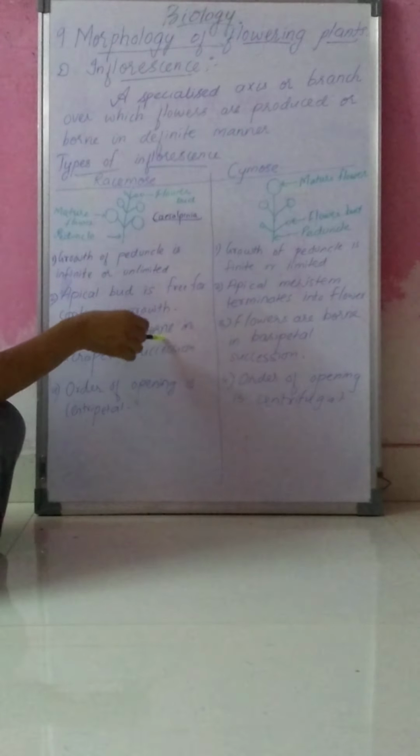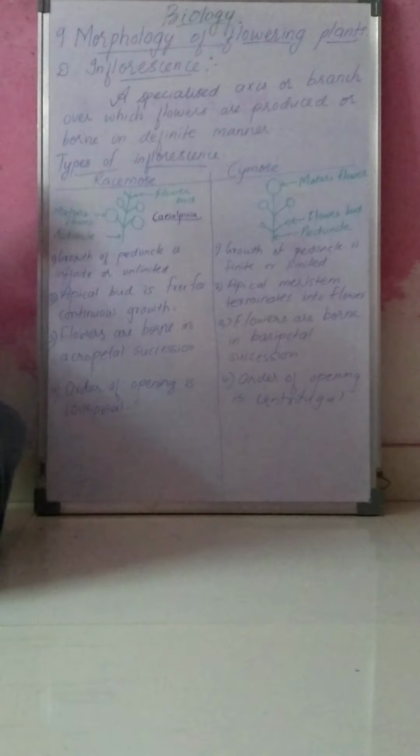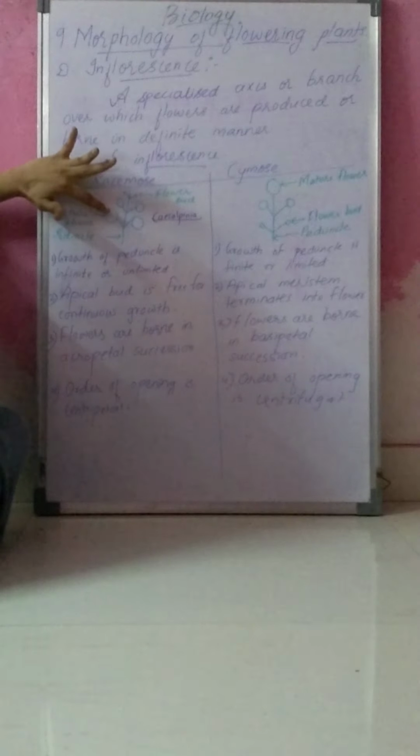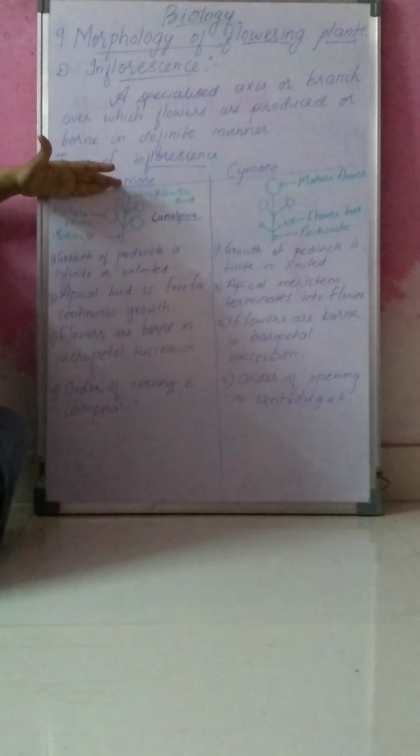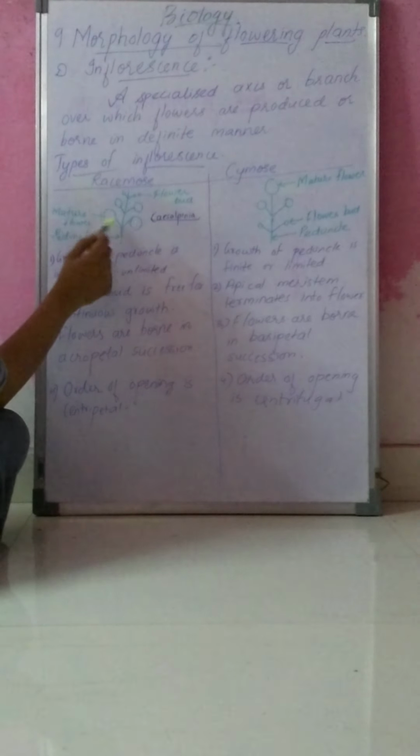Then flowers are born in acropetal succession. Acropetal succession means older flowers are present at the base and new flowers are present at the apex. Hence the opening of the flower is also centripetal. Okay, older flowers you can always find at the base.